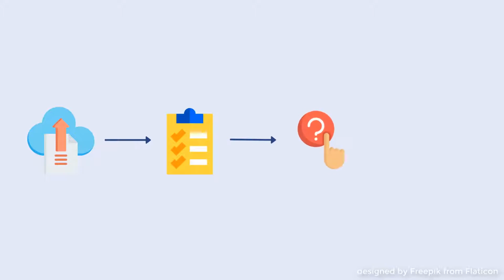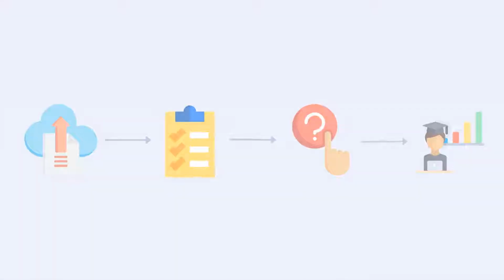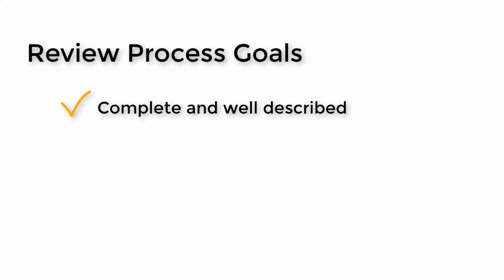Once you submit your draft, a member of the PURR team will review it, and they may contact you with questions. We'll also consult with the subject specialist librarian for your department. We have 3 goals during the review process. 1, to make sure your submission is complete and well described. 2, to make sure your dataset descriptive information and tags contain keywords that will make it easy for other researchers to discover your data.